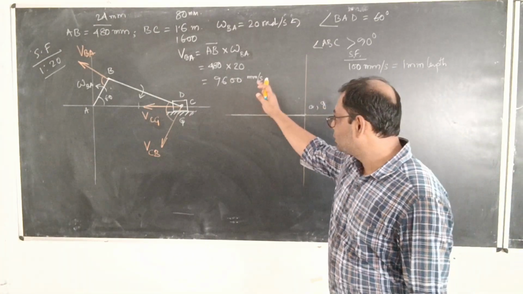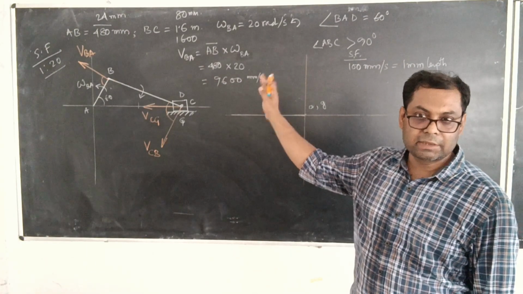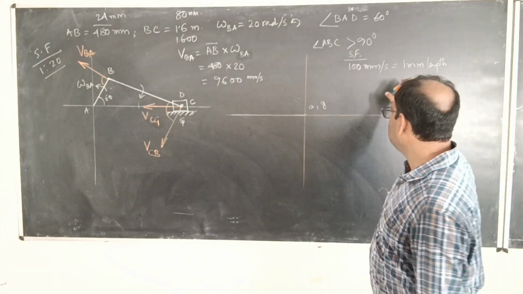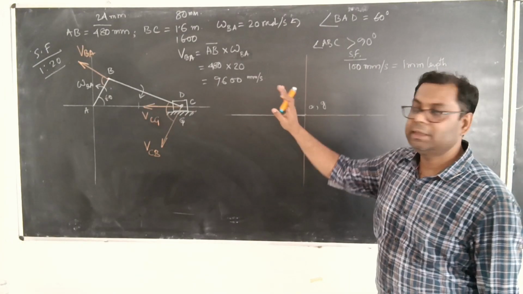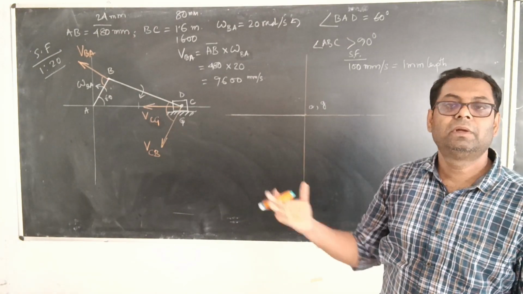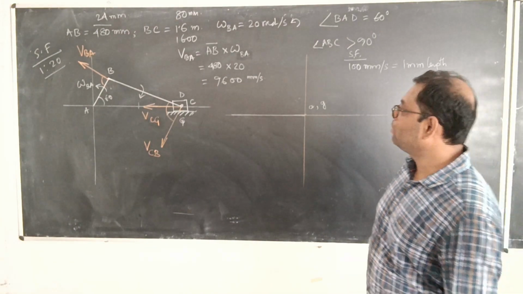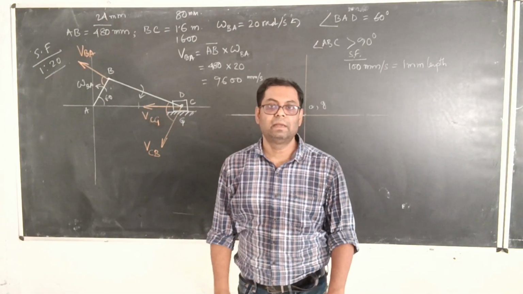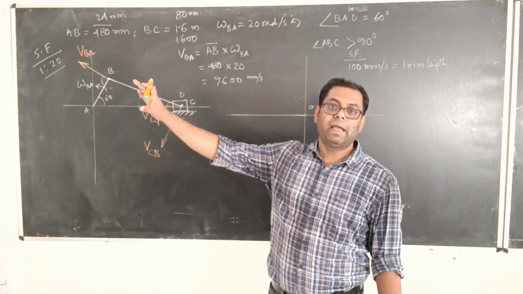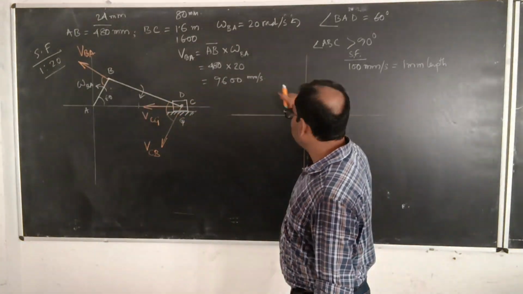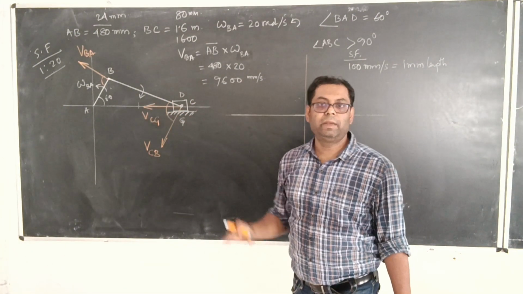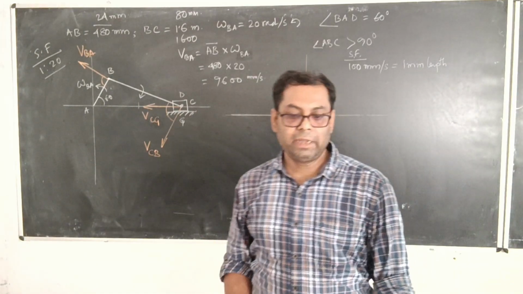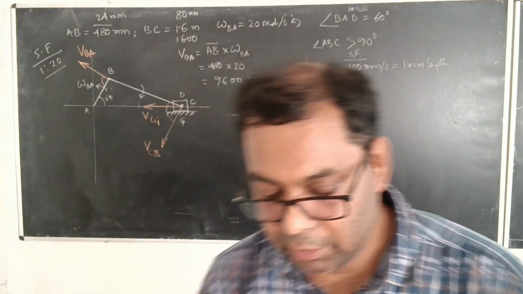So 9600 millimeter per second is represented by only 96 millimeter of distance. So we have to find out the angle which is created over here, and then that particular angle we have to regenerate over here, and the length will obviously be 96 millimeter. Okay, so it is very simple.